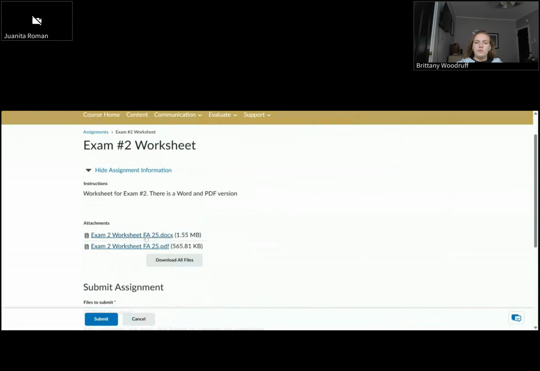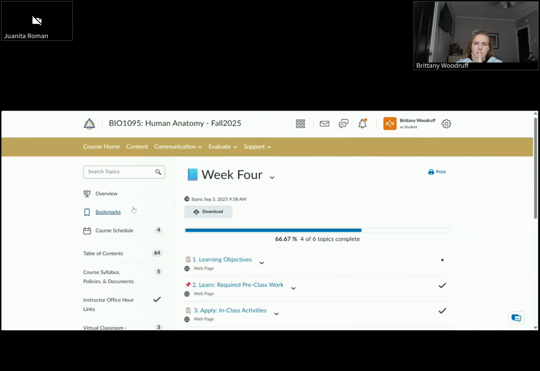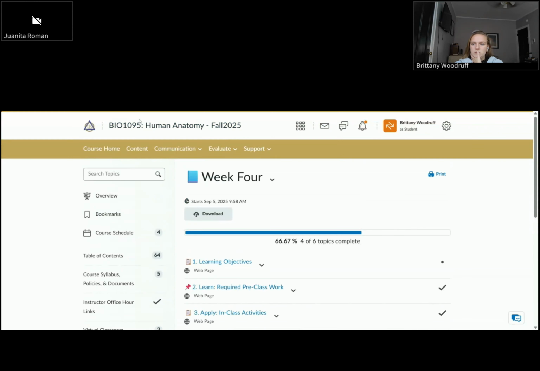There's the docx, so if you want to type on it, and there's a PDF, so if you want to print it out with the pictures in the right places, stuff like that. So if you just go to that announcement on the front page of Brightspace. Oh, I didn't even know that was there. Okay. We just did it today. Like we just finished it up this morning, so it should be good for them.